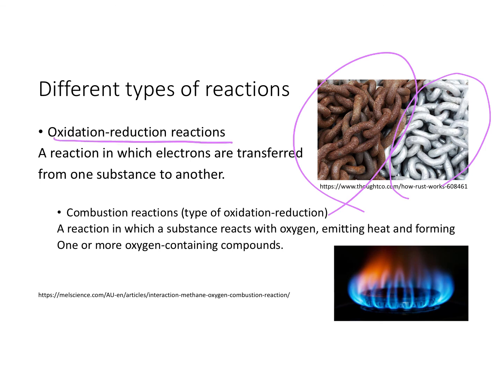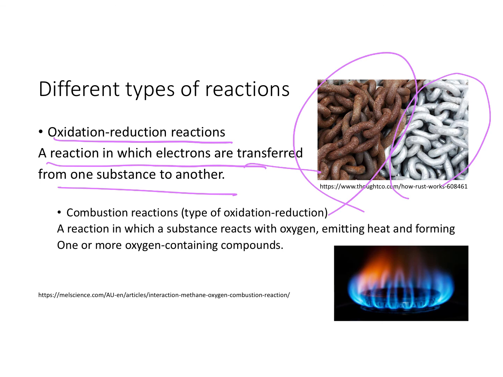Oxidation reduction reactions are reactions in which electrons are being transferred, right? You have one compound with the other, and one compound loses electrons, or specific elements of that compound lose electrons, the other one gains them. And that is basically the definition of oxidation reduction reactions.